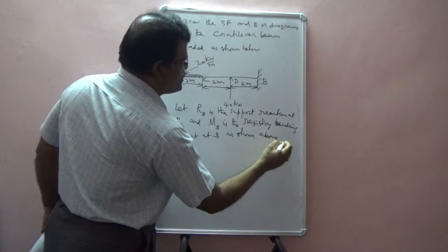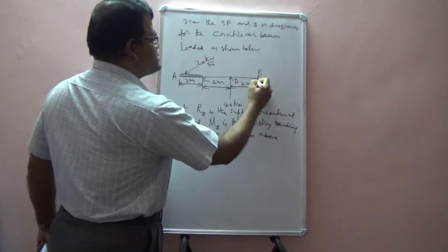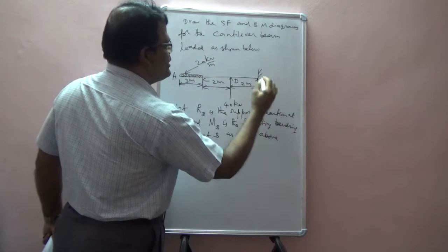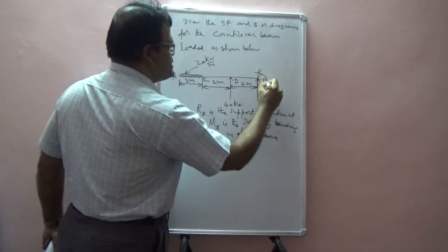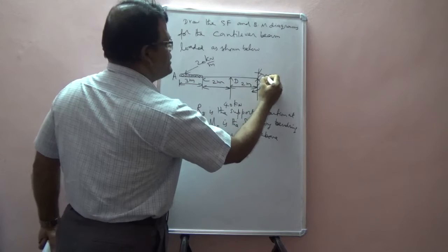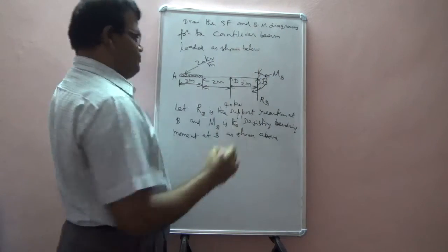Okay, so now I am showing this is the support reaction RB and the resisting bending moment is in this direction. This is M suffix B.